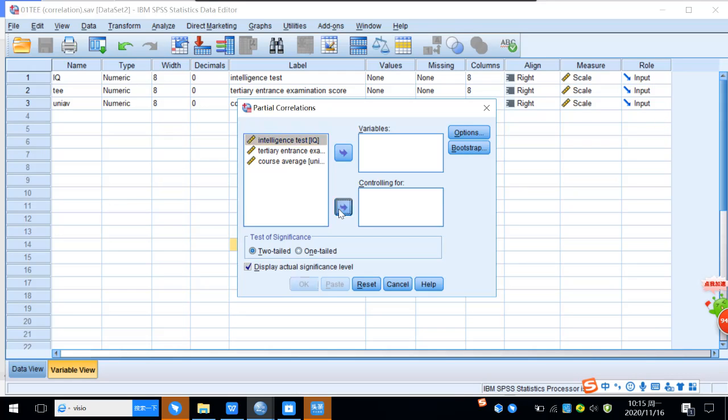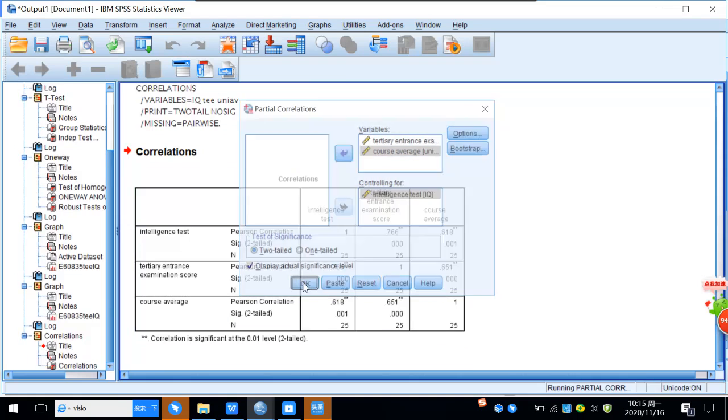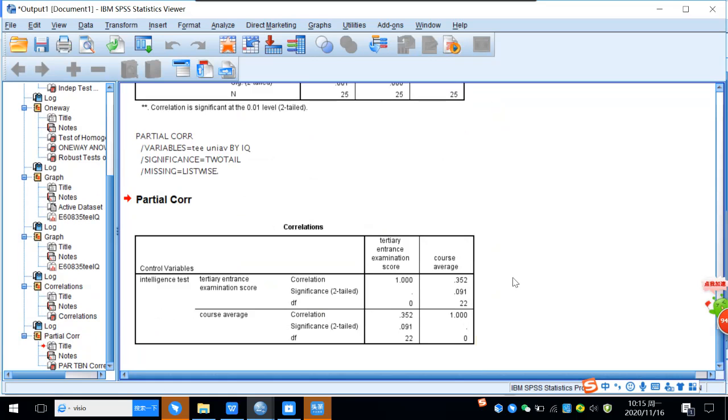So this variable is controlled, and then we will check the TEE and the course average. Here the control variable is IQ, and we check the TEE and the course average.